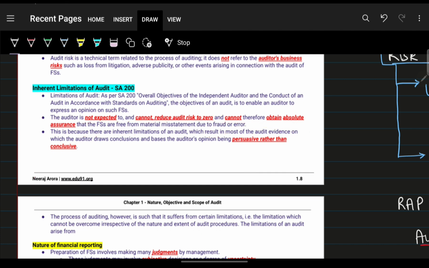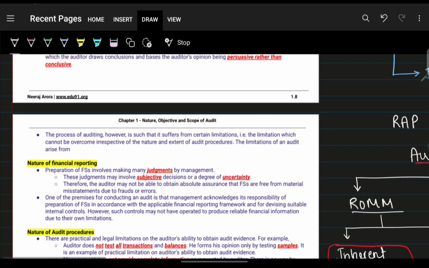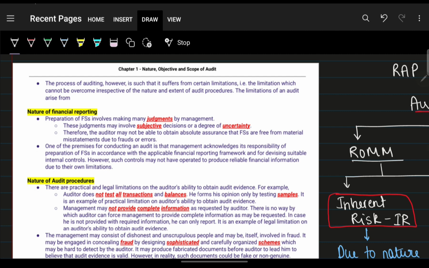Okay, so these are the 4 points that you have to write in the beginning before coming to the actual inherent limitations. First is the nature of financial reporting. Preparation of financial statements involves making many judgments. These judgments are subjective decisions, or there is a degree of uncertainty, right?